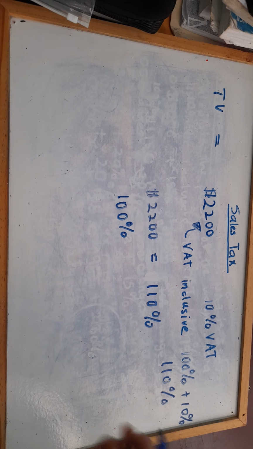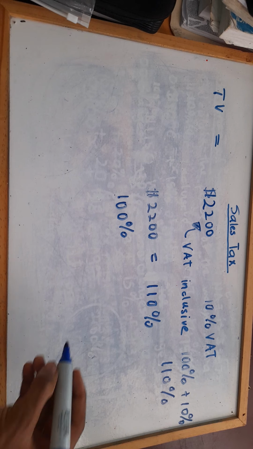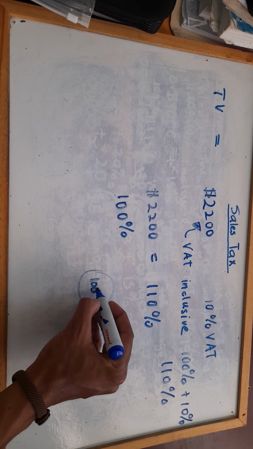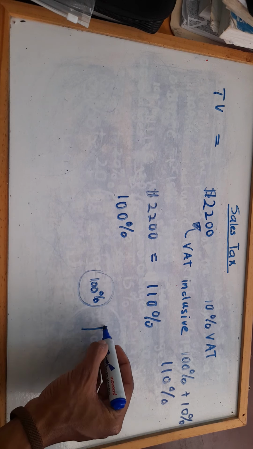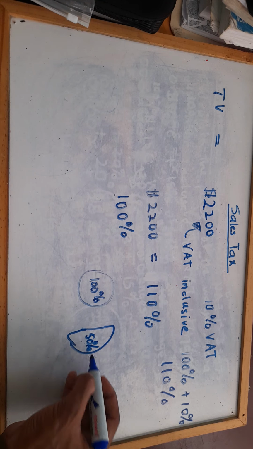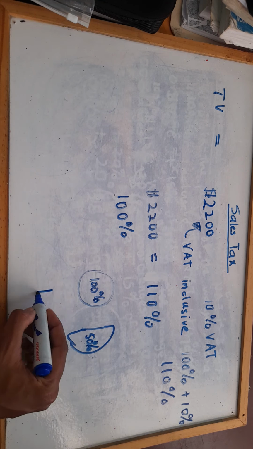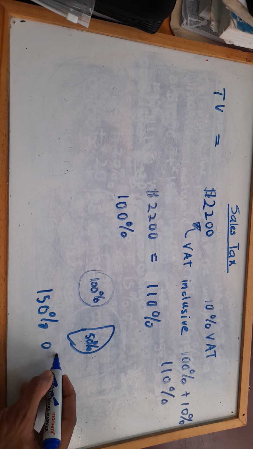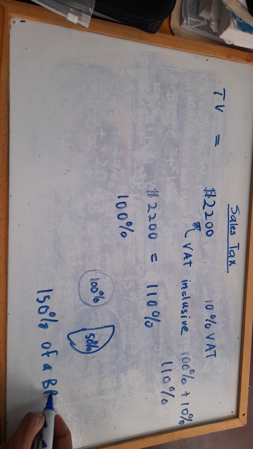Now, when we deal with percentage, 100% of something. Like, I'll draw the barbecue pizza again. 100%. And then we had somebody give us a half. So this is 50%. So the two pieces together was 150%. But of what? Right? 150% of a BBQ pizza.